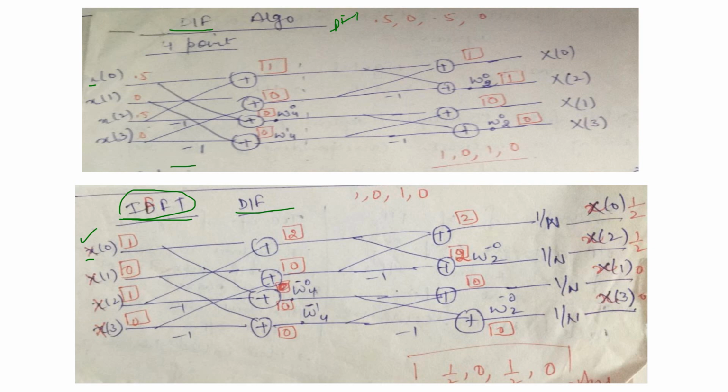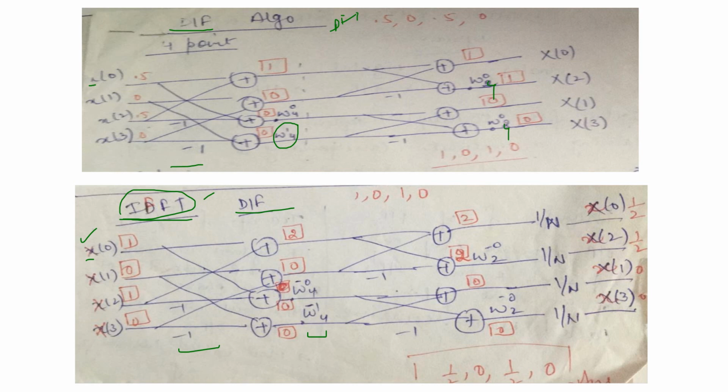The stages are the same, similar stages in DIF. Here the twiddle factor is W14, but in case of inverse DFT, the twiddle factor is W minus 14. Clear? Here it is basically W40.